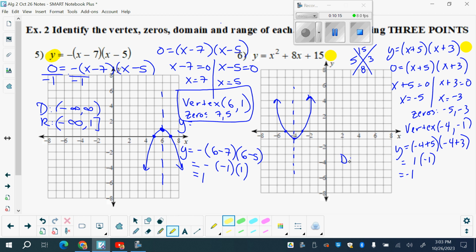Do you know what the domain is? Yes, it is. And then our range on this one, it goes from -1 up to positive infinity. Bracket on the -1. Does that make sense?